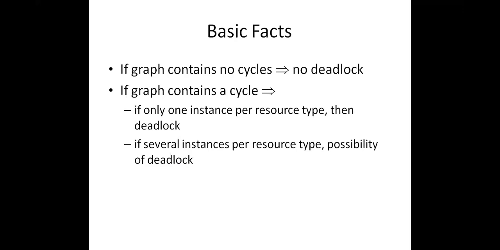Only with cycles we cannot measure whether deadlock happened or not. We need to identify the number of instances available of the resource type, and based upon that we can judge whether there is a chance of deadlock or not.